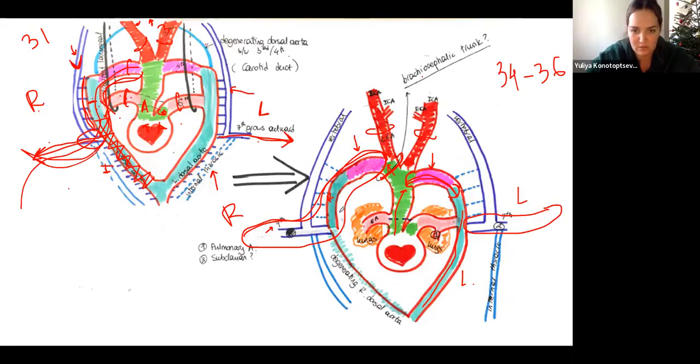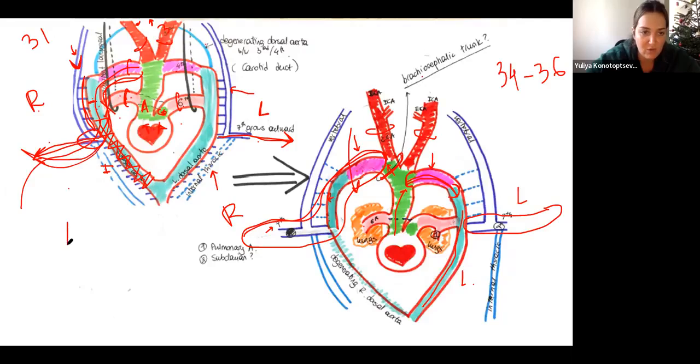So it's going to be jumping to the next thing that it can hook around, which is your 4th aortic arch. And we know that on the right side, the 4th aortic arch will become the proximal part of the subclavian. So this is why recurrent laryngeal nerve hooks around subclavian.